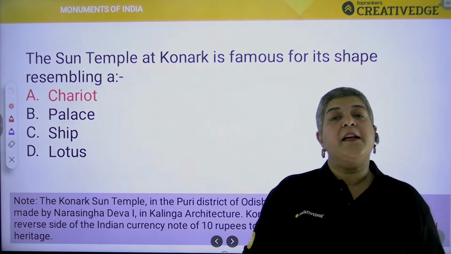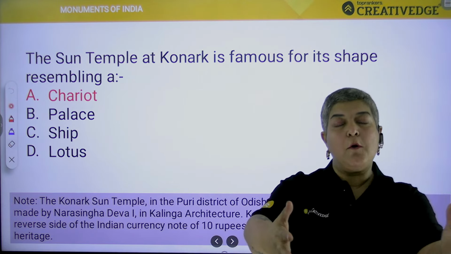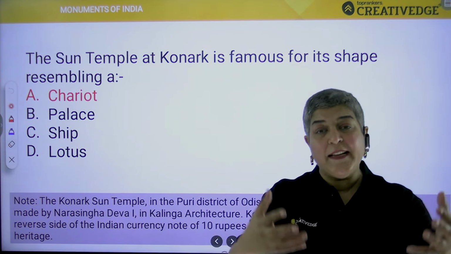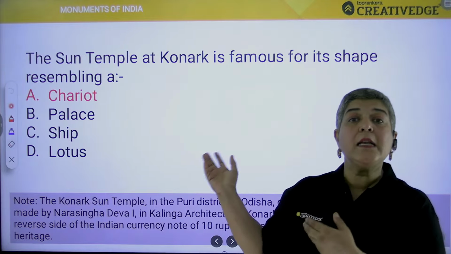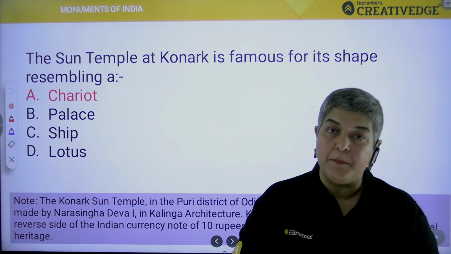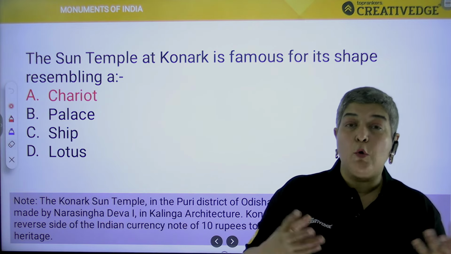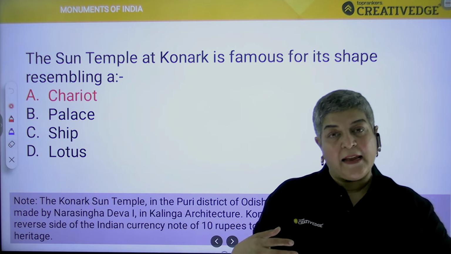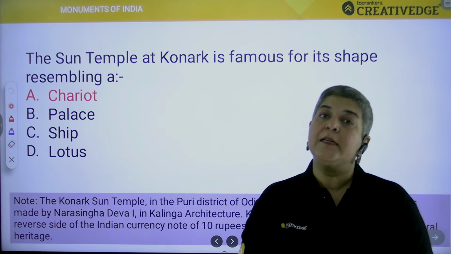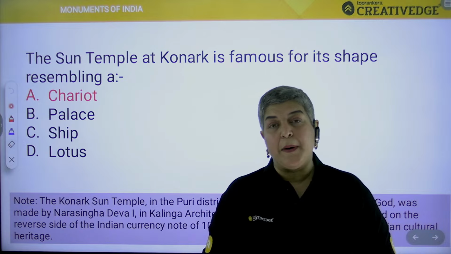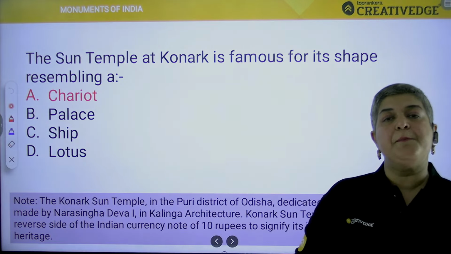All right, there are 7 horses in the front of the temple that show that they are pulling the chariot of the sun god. This temple is for the sun god. Konark means Kon is the angle and Ark means the sun itself. Okay, so this is what the temple is about, and it is in the shape of a chariot.